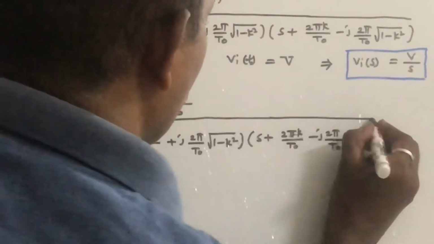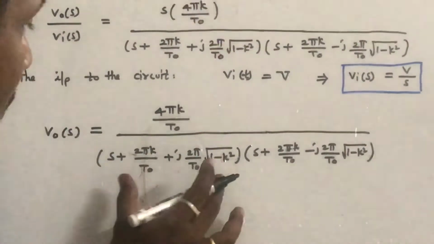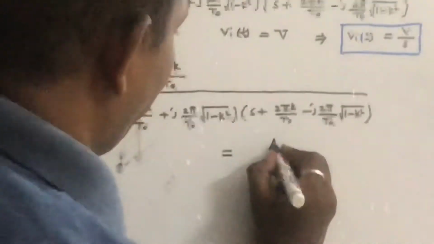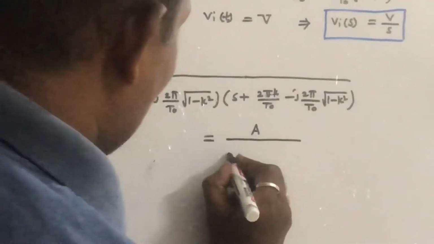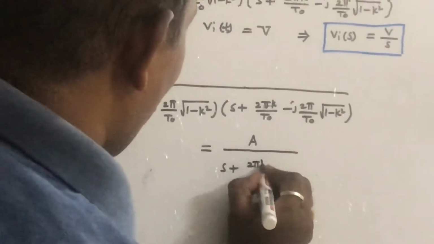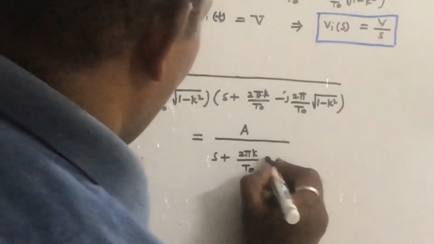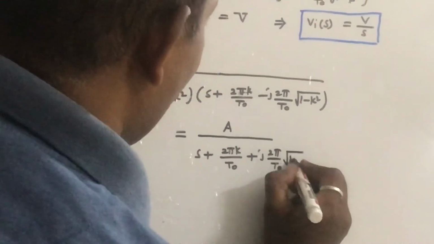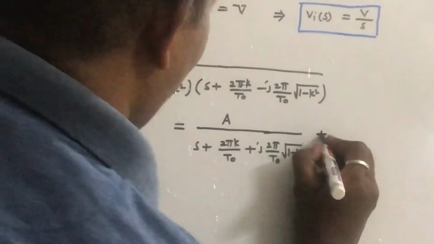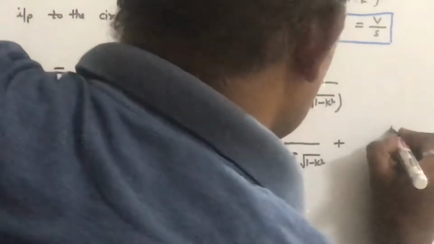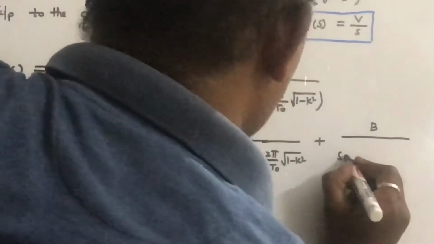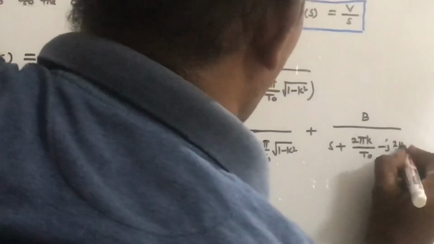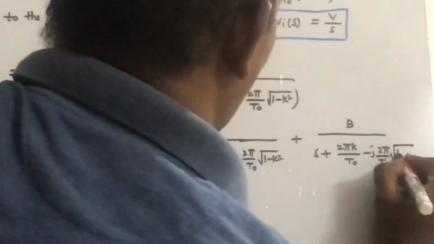Now we take partial fractions of this. What can we write? A by S plus 2 pi k by t naught plus j 2 pi by t naught into square root of 1 minus k square, which we write as one term, plus B by S plus 2 pi k by t naught minus j 2 pi by t naught into square root of 1 minus k square.